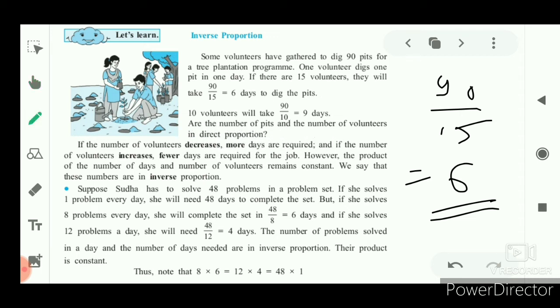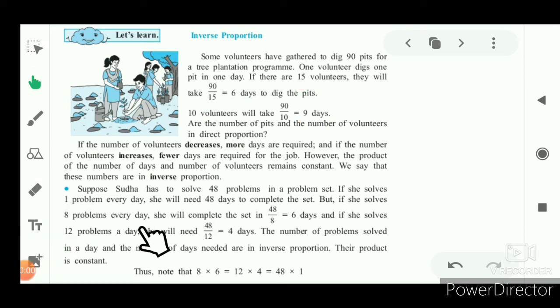So as the number of volunteers decreases, here 15 volunteers and 10 volunteers, if there are fewer workers then more days will be needed, right? So is this a case of direct proportion or inverse proportion? Yes, this is a case of inverse proportion, because as the number of volunteers decreases, the number of days required to complete the work increases.